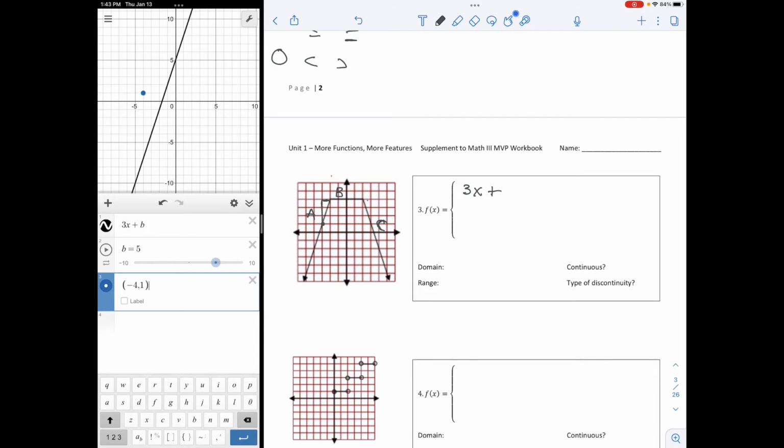We can take any ordered pair that we like. Let's do, I like that ordered pair. This ordered pair is 1, 2, 3. So negative 3 and 1. So that's my ordered pair. So I'm going to put in negative 3 and 1.